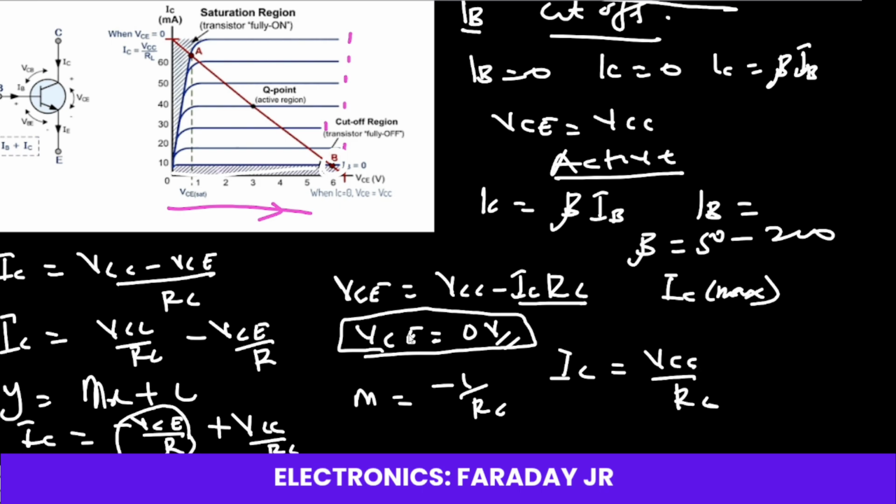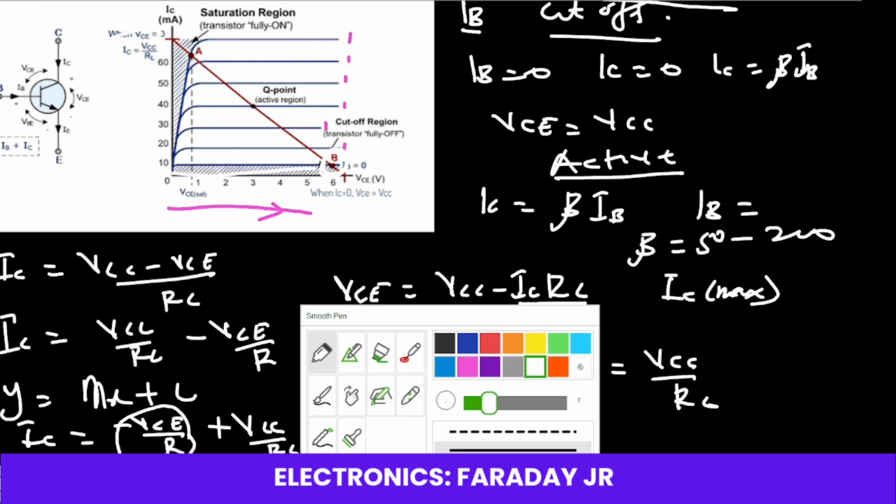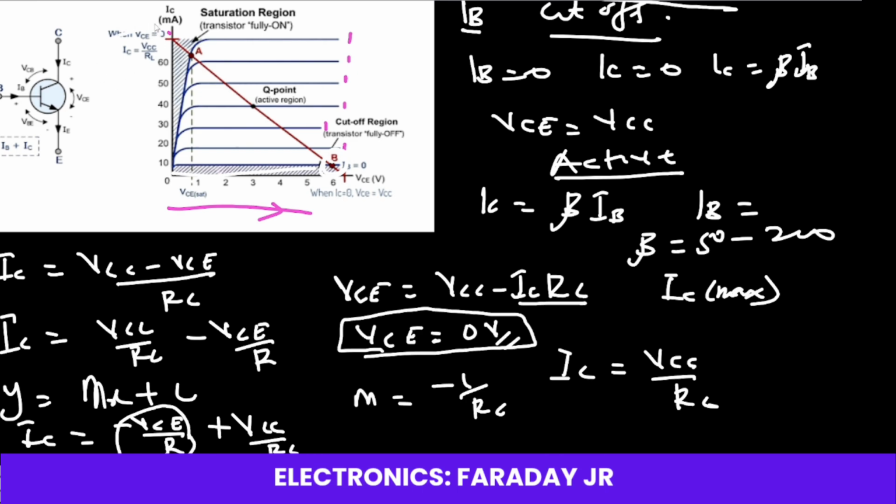And this is what we term as the saturation region of operation of the transistor. So at that point, VCE is equal to 0, and IC is equal to VCC over RC, or the load resistance. So this is what we have under this operation.